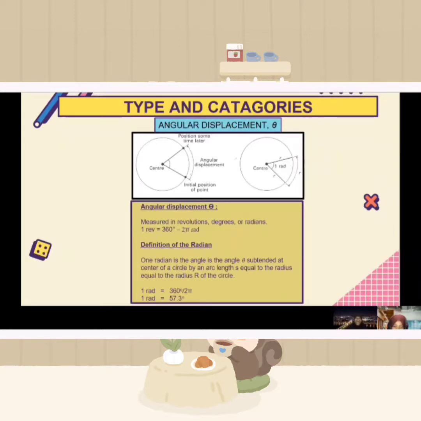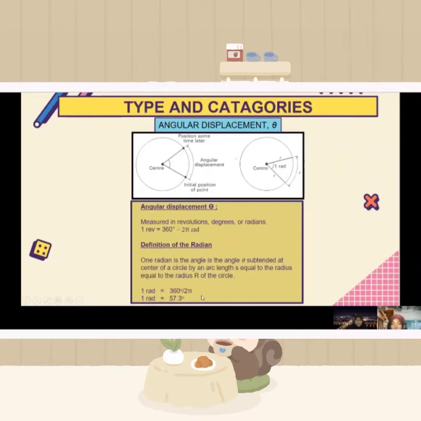Definition of the radian: one radian is the angle theta subtended at the center of a circle by an arc length equal to the radius r of the circle. 1 radian equals 57.3 degrees.